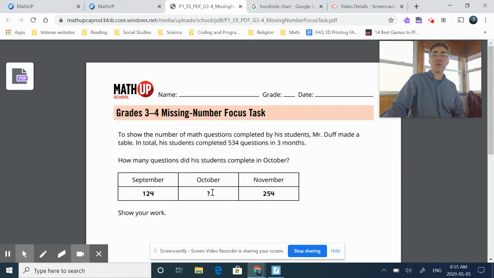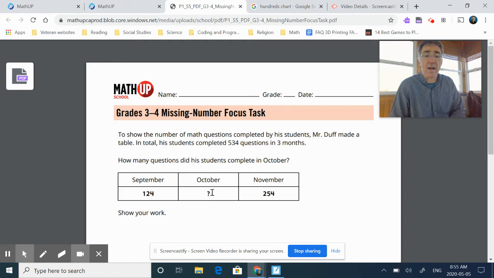Now, when it says show your work, it gives me the choice of a lot of different ways of solving this. I could once again complete this using a number line. I could use the 100 chart. I could use base 10 concepts again. I could actually add up rather than subtract.